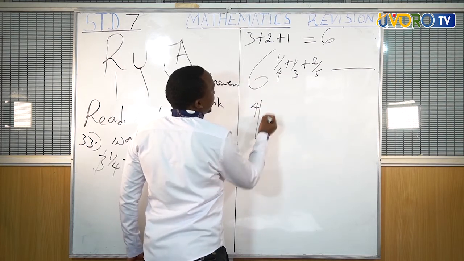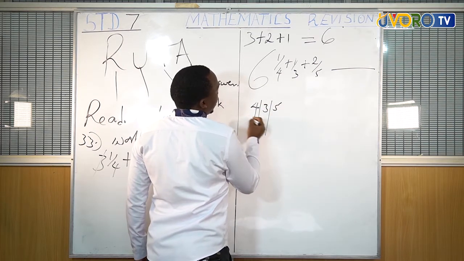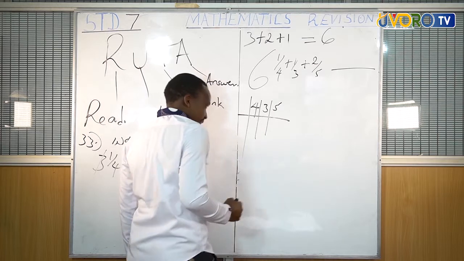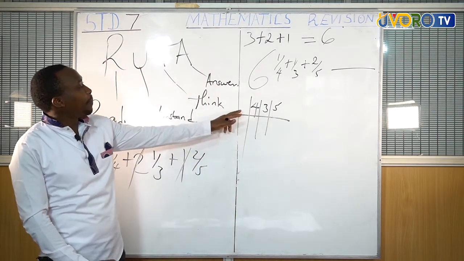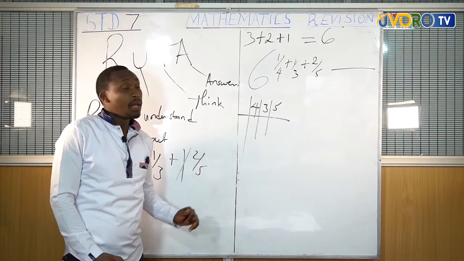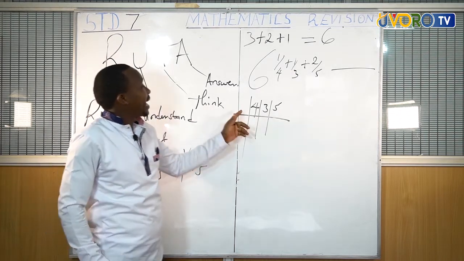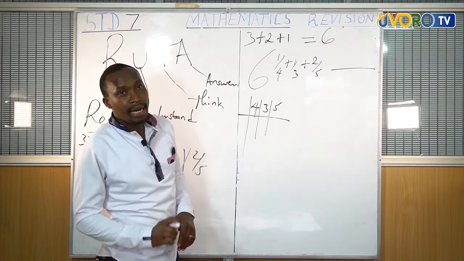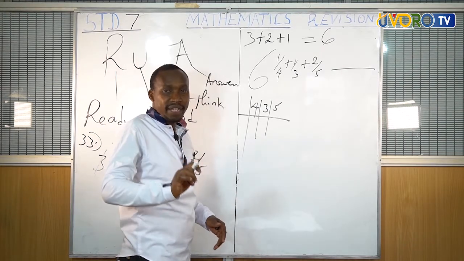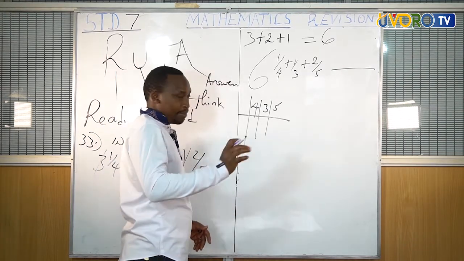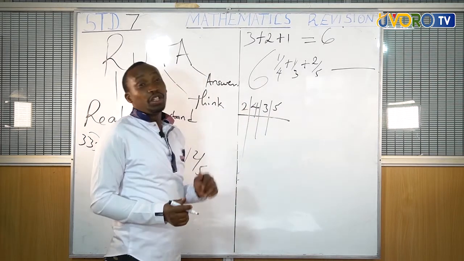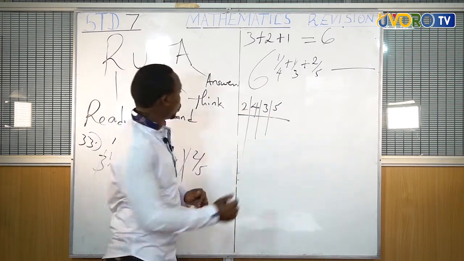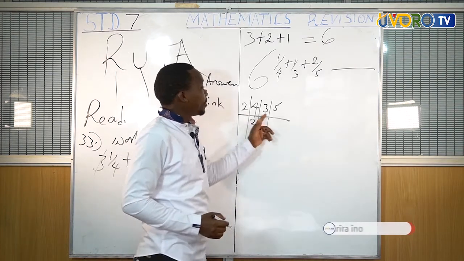So the LCM of 4, 3, and 5, class 7. This is class 5 work. Which number are we supposed to put here so that it can divide any of the numbers without giving a recurring number? So that one is 2. 2 times what equals 4? 2, very good. 2 times what equals 3?